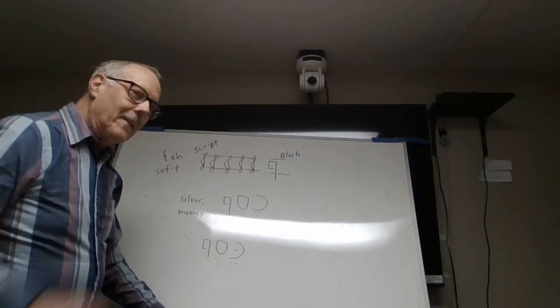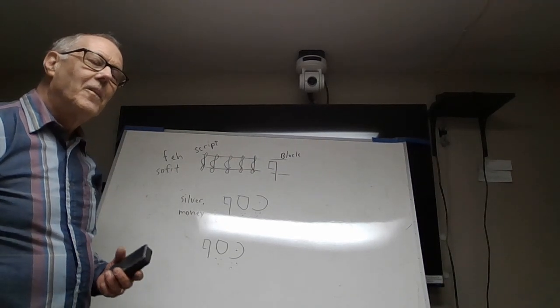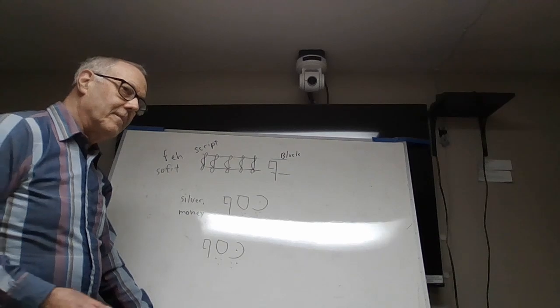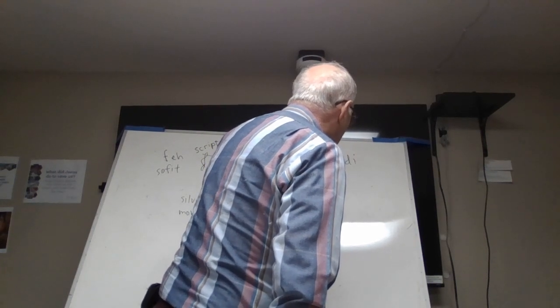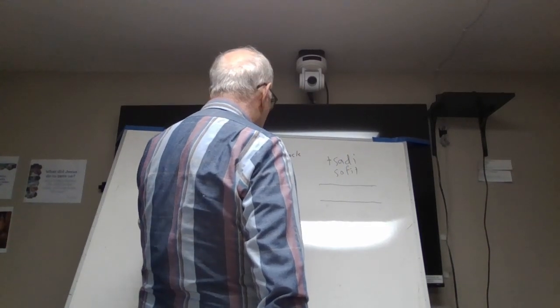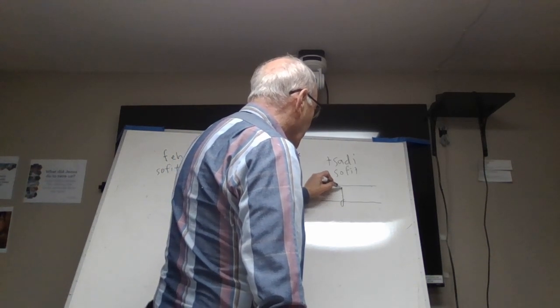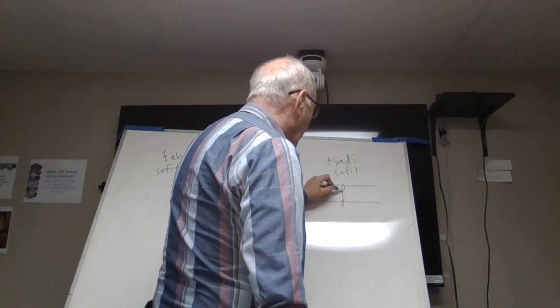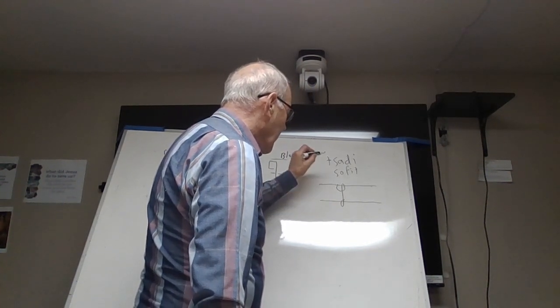There's another one that's similar looking, right? Another Sofit, Tzadi Sofit. We already know Tzadi. Both this letter and this letter start out the same. Make a loop on the bottom, make a loop on the top, and right here, if it goes down, it's a Fe Sofit. If it goes up, it's a Tzadi Sofit.